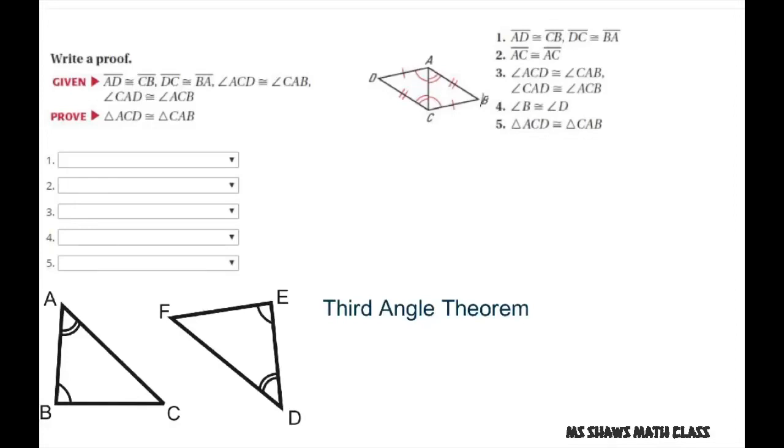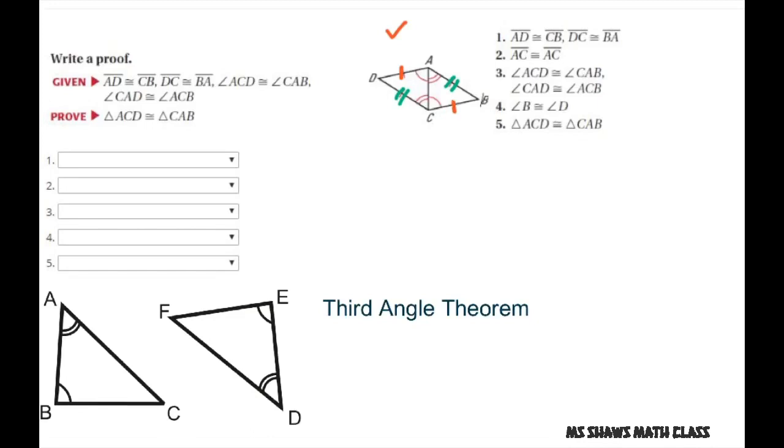Everyone, we're going to write a proof. Given that AD, this line here in the figure, is congruent to CB, so those two are congruent, and DC is congruent to AB, and angle ACD is congruent to angle CAB, and angle CAD is congruent to angle ACB.